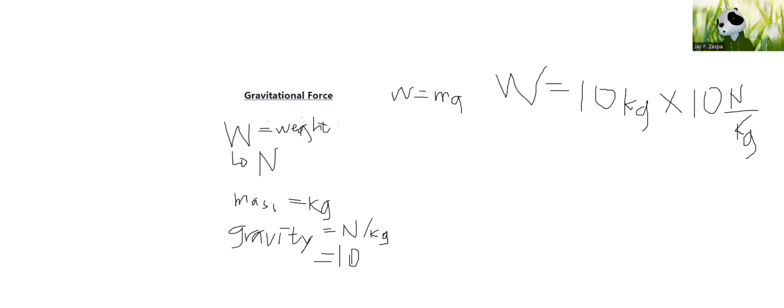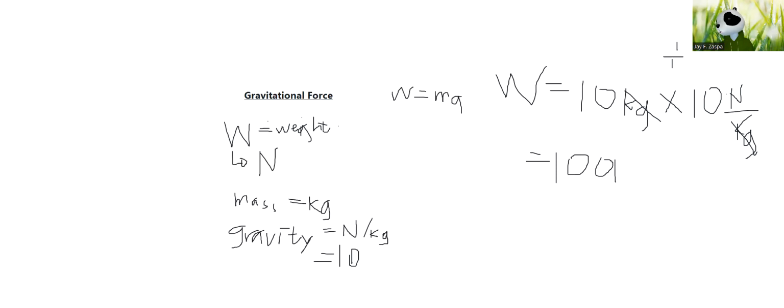The kilogram Newton is divided by kilogram, so the kilogram will be cancelled out because they are the same. So 10 times 10 is equal to 100 Newton. So that is the weight.